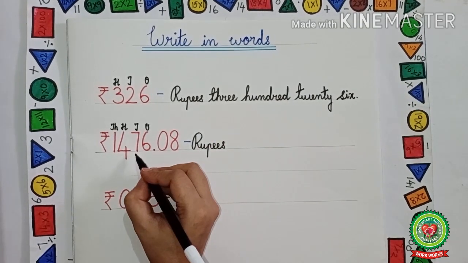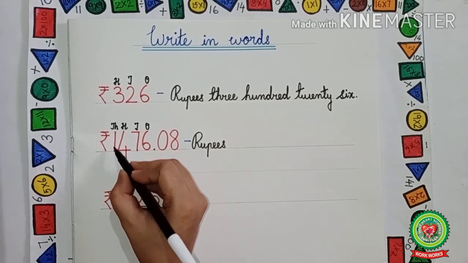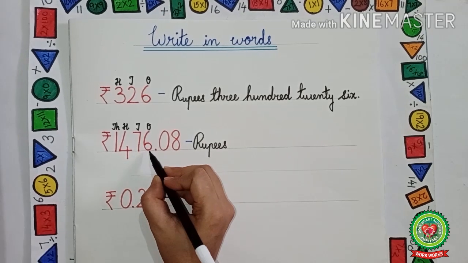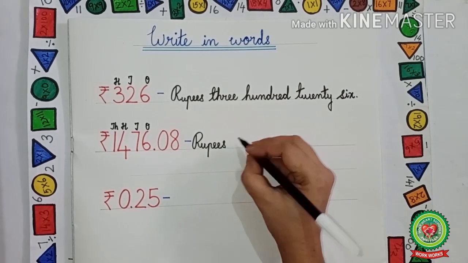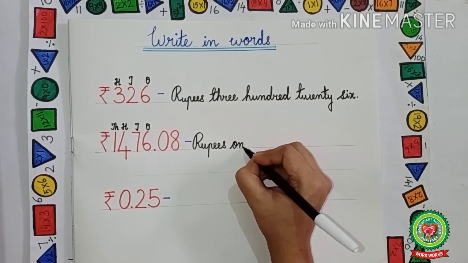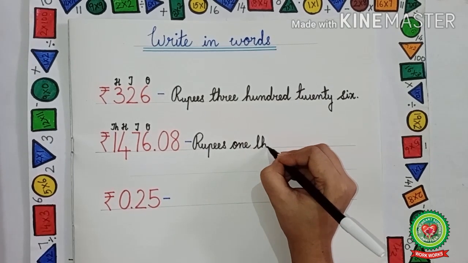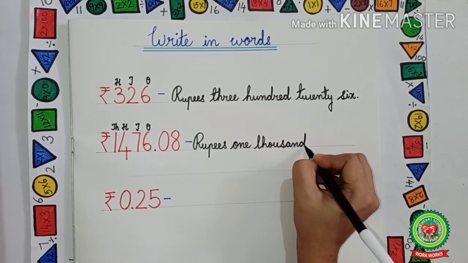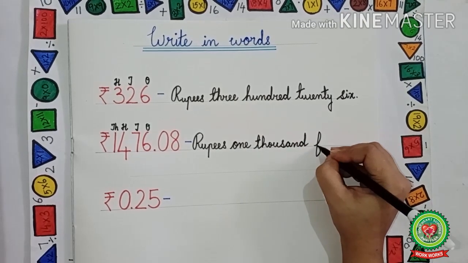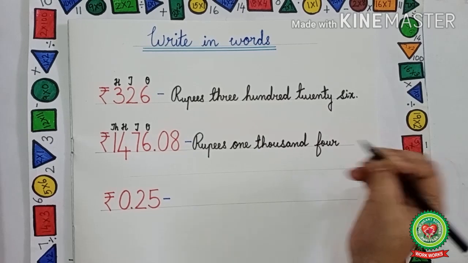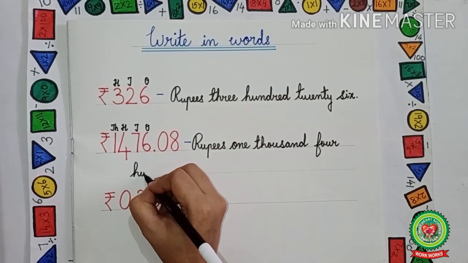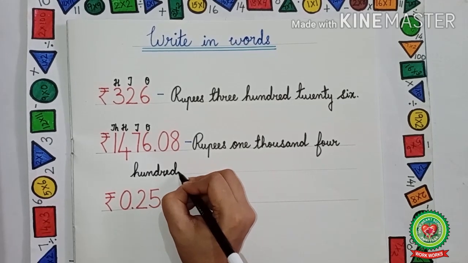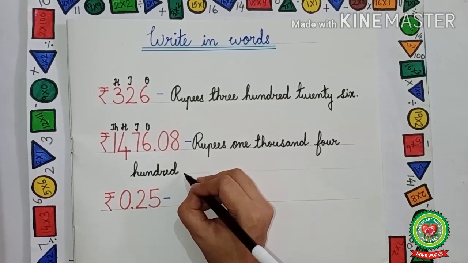Now let us read what is the amount. 1476. So that means rupees 1476.